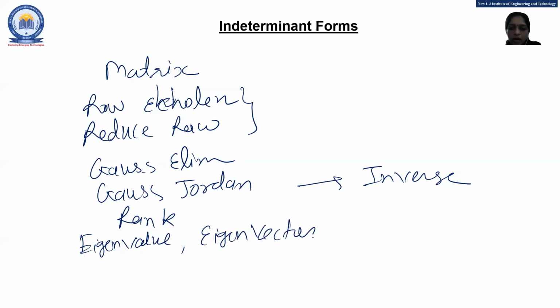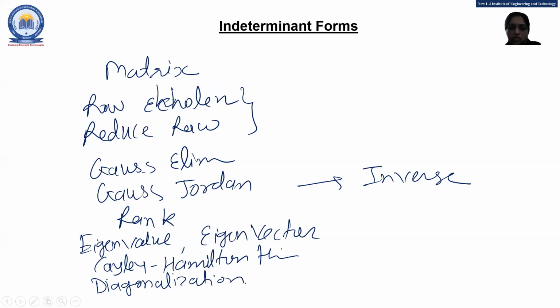And with the help of the eigenvalue and eigenvector, you may solve the Cayley-Hamilton theorem. And the last one is the diagonalization method. So these topics are from the matrix.